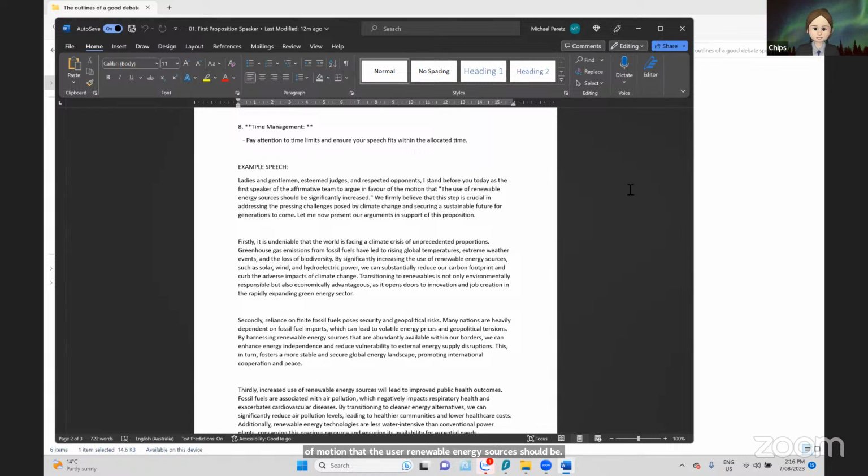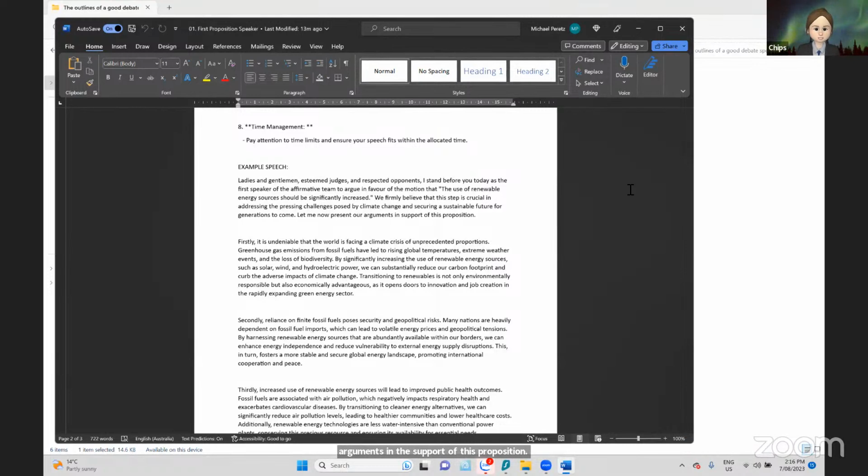We firmly believe that this step is crucial in addressing the pressing challenges posed by climate change and securing a sustainable future for generations to come. Let me now present our arguments in support of this proposition.